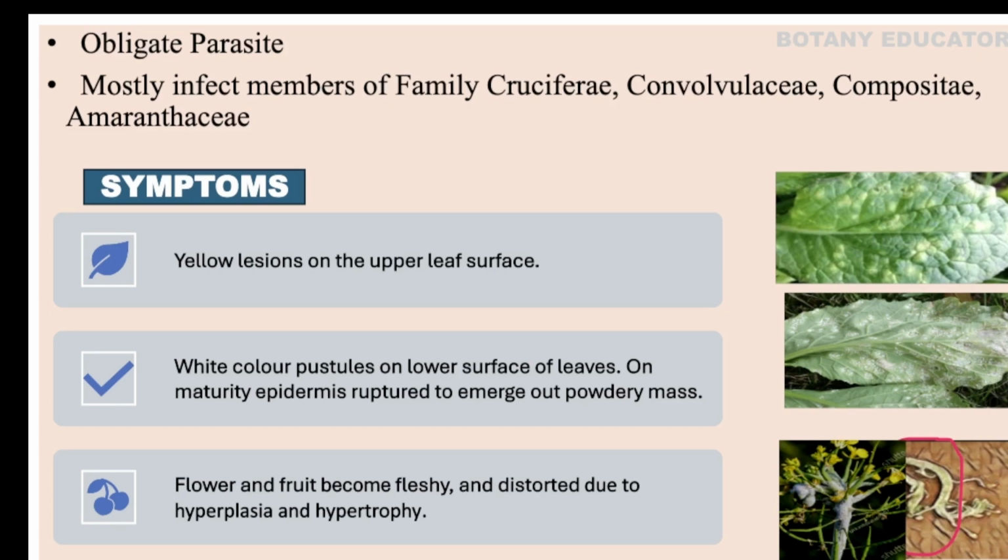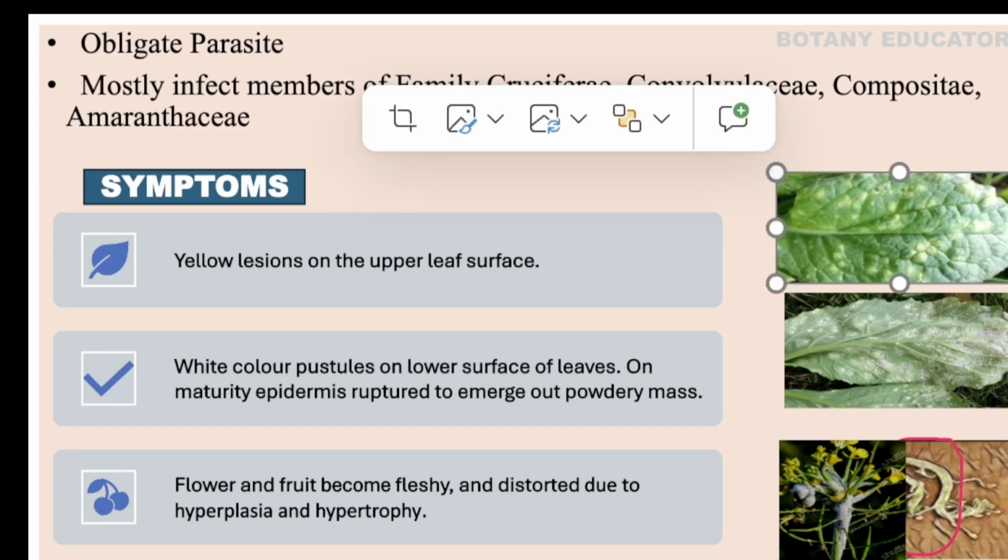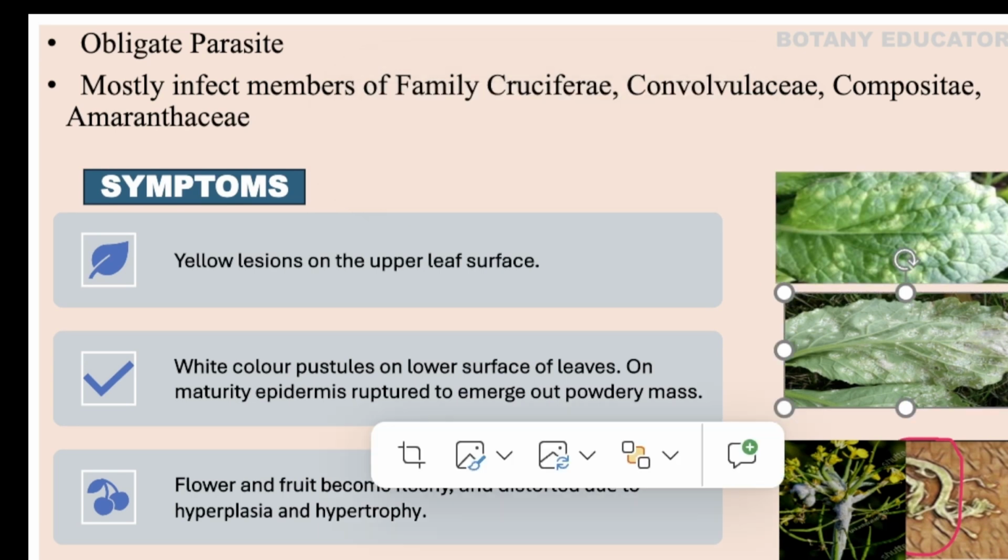These are some pictures you can see. This is a leaf in which, on the upper surface, you will find yellow colored lesions, while on the lower surface you will find some white colored pustules in which conidia are formed, which on maturity rupture out and a powdery mass appears on the lower surface.